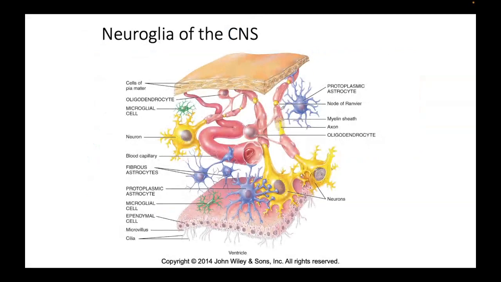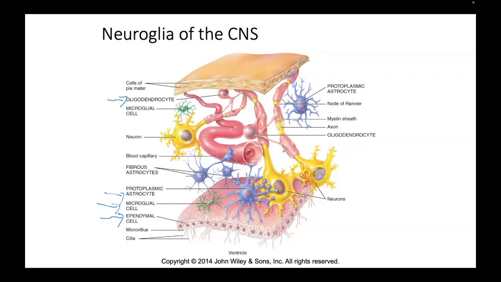Here is a picture that's illustrating this. Look way down at the bottom and way up at the top and everything in between, and you'll see a bunch of the terms that I had mentioned. Ependymal cells, microglial cell, astrocyte, oligodendrocyte.